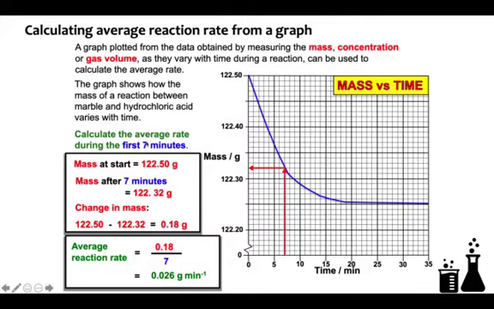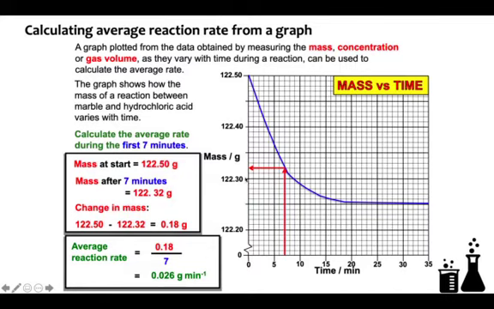So if you wanted to calculate the average rate during the first 7 minutes, you would first of all have a look at the mass at the start. So the mass at the start was 122.5, and then you would look at the mass after 7 minutes, and you would see that the mass after 7 minutes is 122.32 grams.